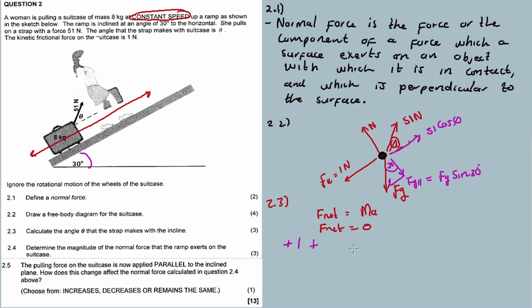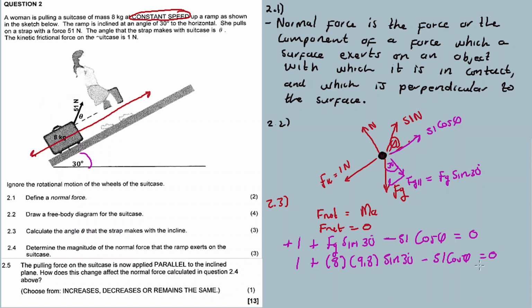Plus Fg sine 30 degrees, and then negative 51 cos theta equals 0. Fg is the weight of the suitcase, so it's 8 times 9,8 sine 30 degrees, minus 51 cos theta.